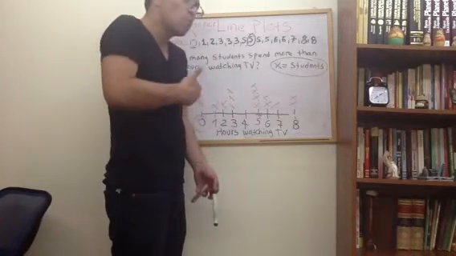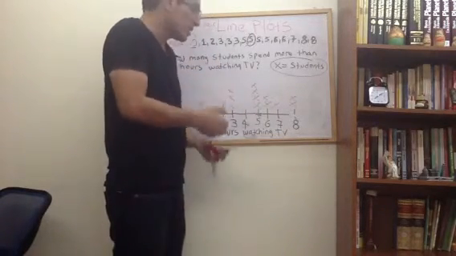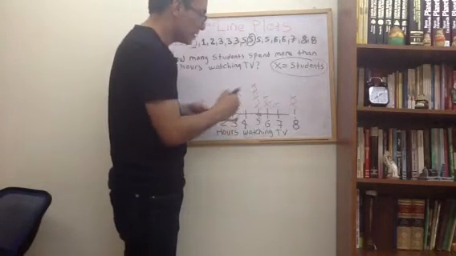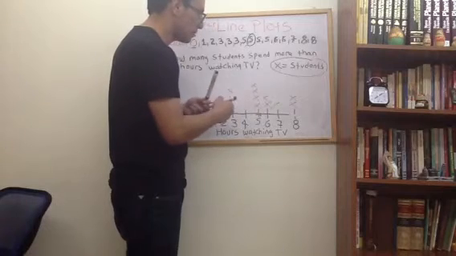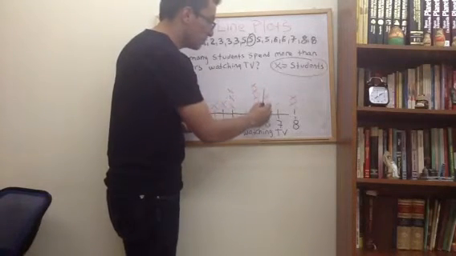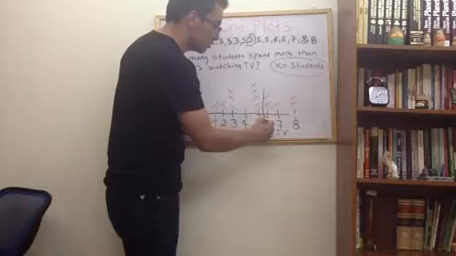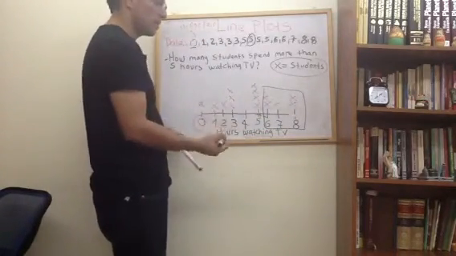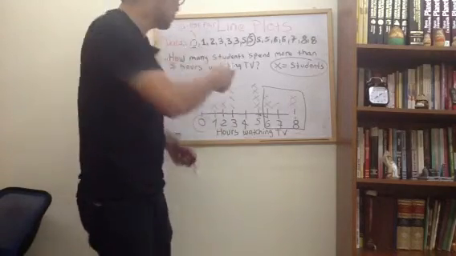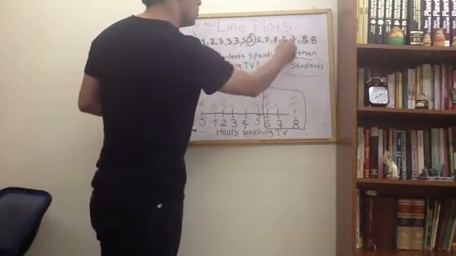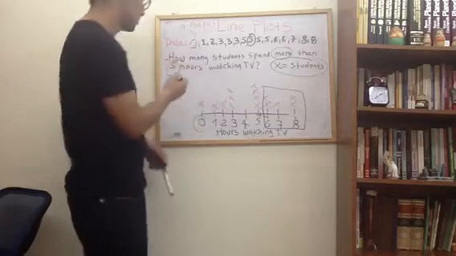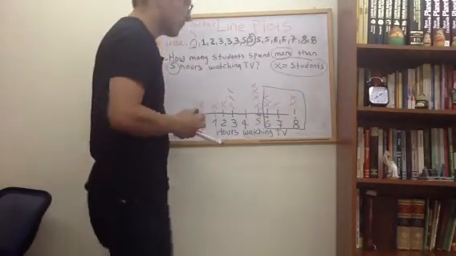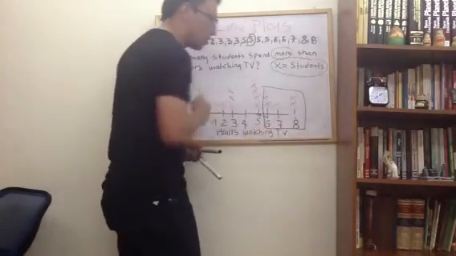When we're speaking about more than 5 hours, it means that we have to take into account the information that is here. Hold on, we've got to use another color, please. So you have to use this information, because they are asking more than 5 hours. Más de 5 horas. So we have 6, 7, and 8 hours here.